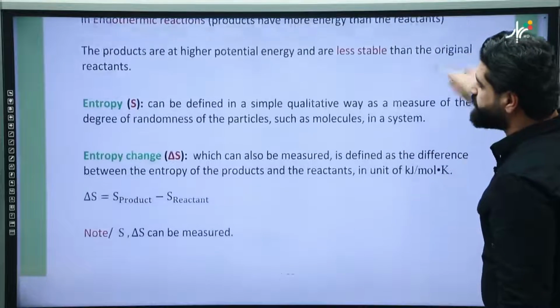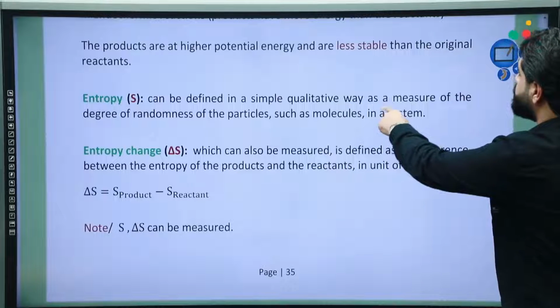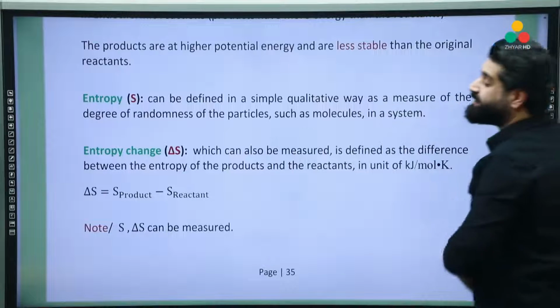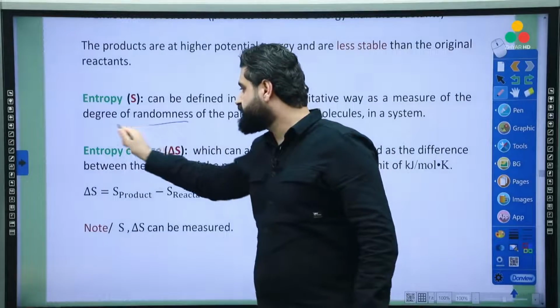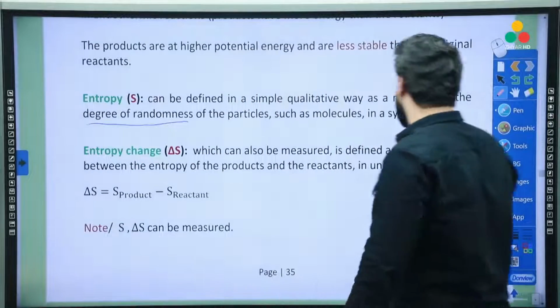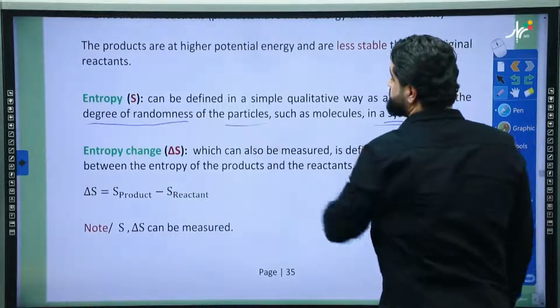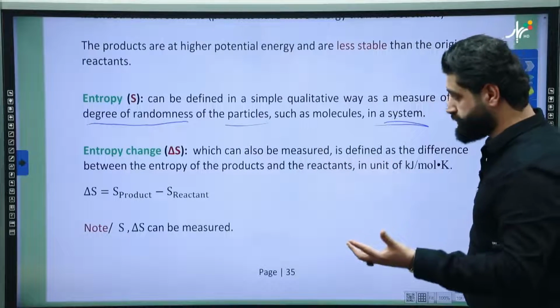Very good. Entropy can be defined as a simple qualitative way to measure the degree of randomness. So how can we measure the degree of randomness of particles in a system? Of course, according to entropy.